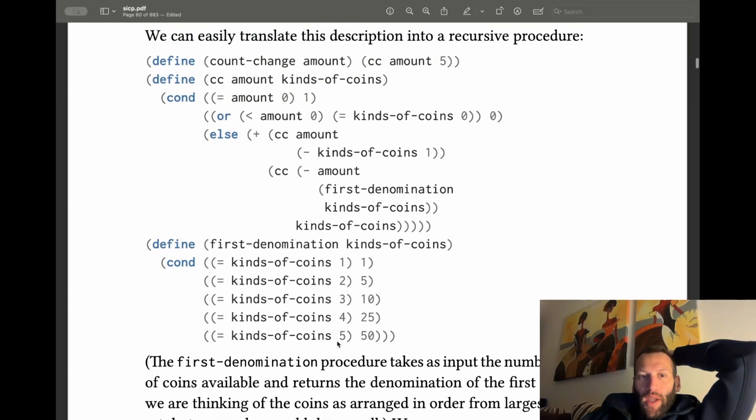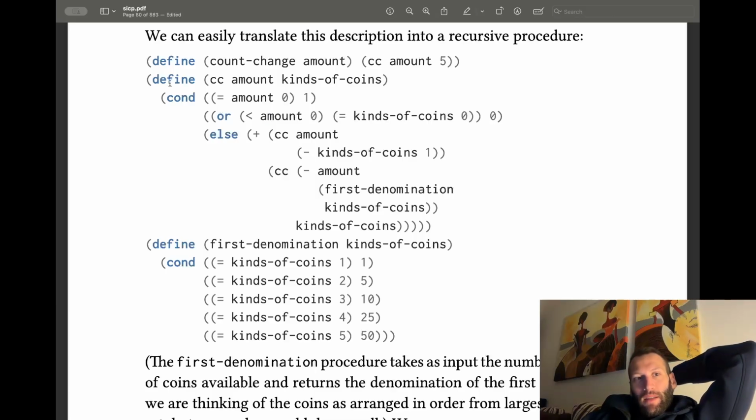Now, what I notice here is that these definitions are not nested. So, for example, here we have the argument amount repeated throughout all these different definitions.